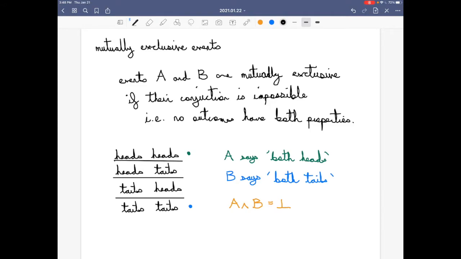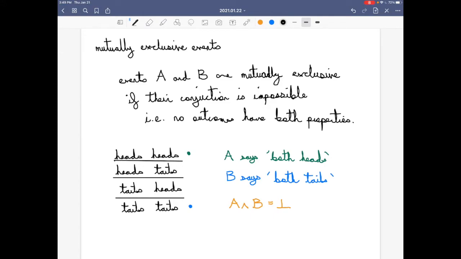There are no outcomes you can find which satisfy both conditions. And so this is an extremely special relationship between events when their conjunction is impossible, and we have a special phrase for it. We refer to it as being mutually exclusive, and if you think about the way you may have heard the phrase mutually exclusive in ordinary life, that hopefully should conform with your intuition.